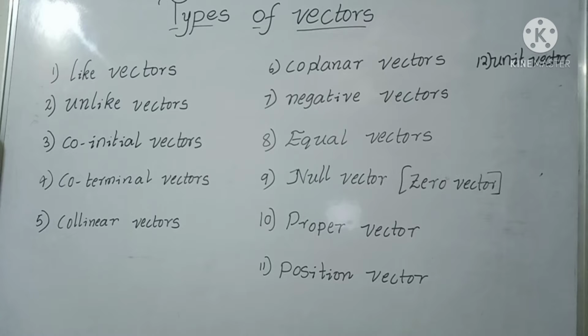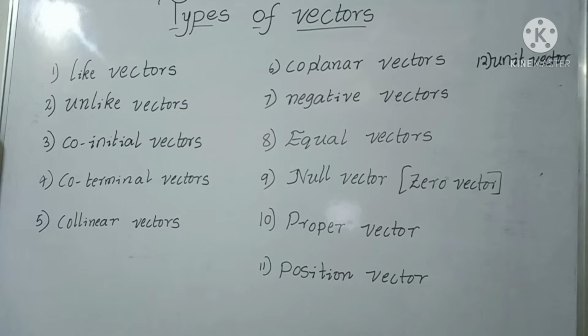This video is about types of vectors. So how many types of vectors are there? First, like vectors; second, unlike vectors; third, co-initial vectors; fourth, co-terminal vectors; fifth, collinear vectors; sixth, coplanar and negative vectors, equal vectors, null vector or zero vector.